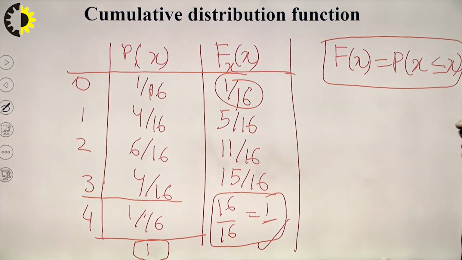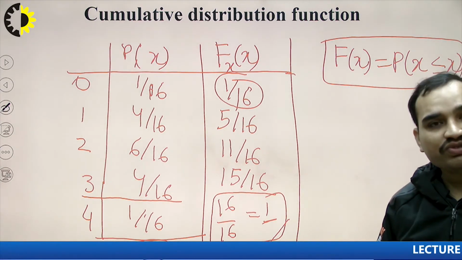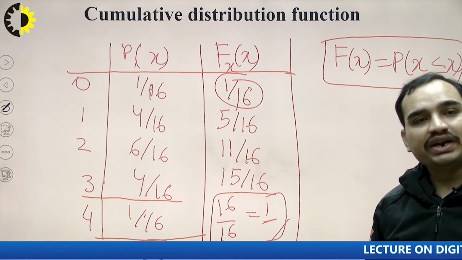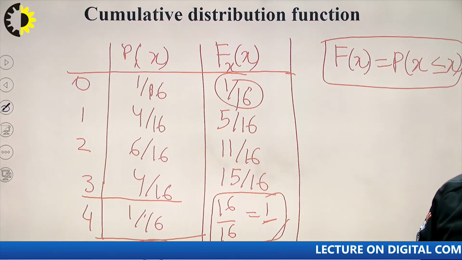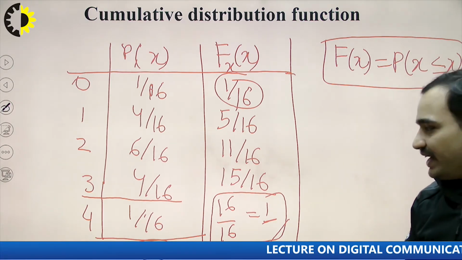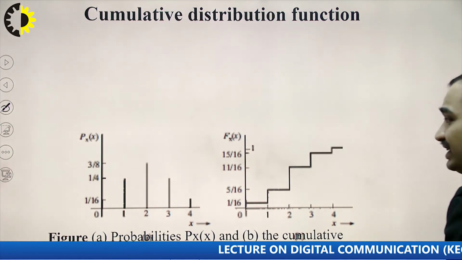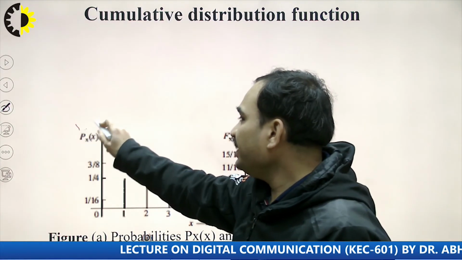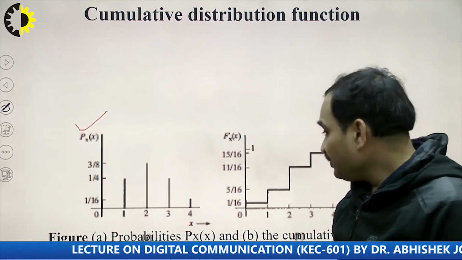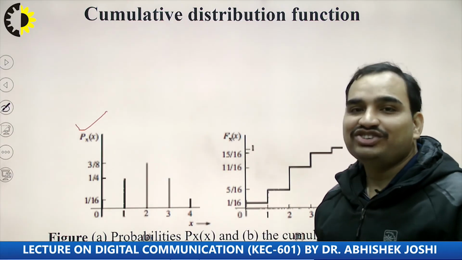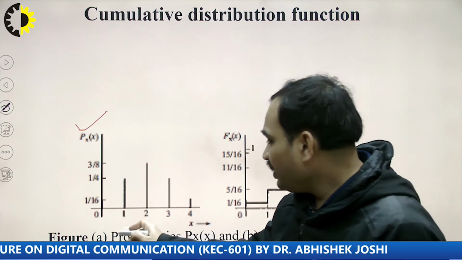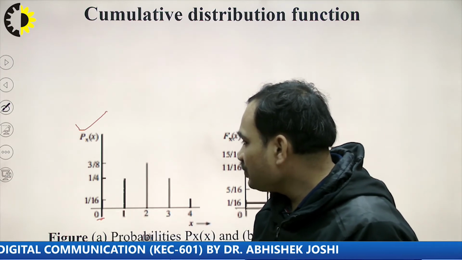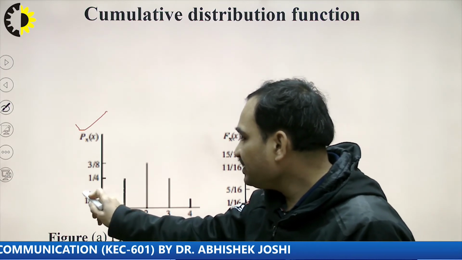Now, how to represent this cumulative distribution function, and what are the important remarks for it, we will see in our next slide. From this slide, we have the probability, which is discrete in nature. At x equals 0, we have defined 1 by 16.